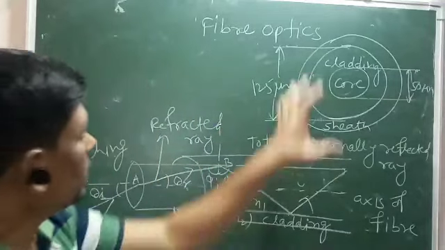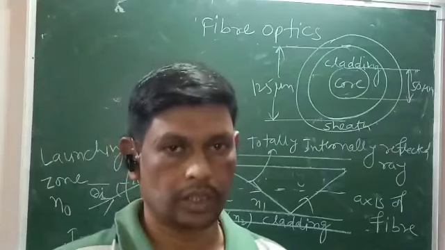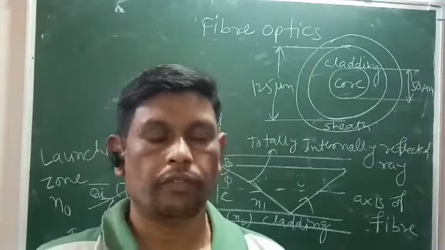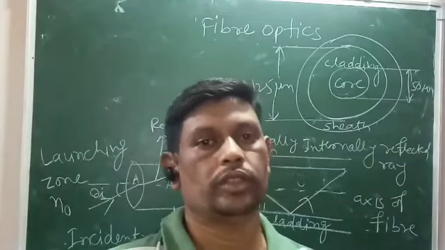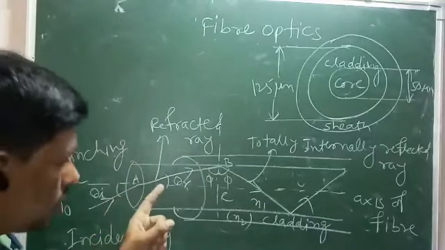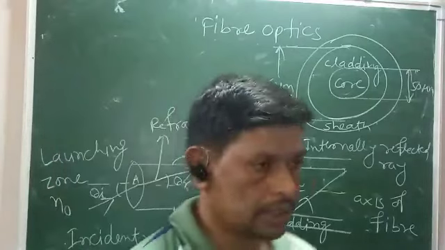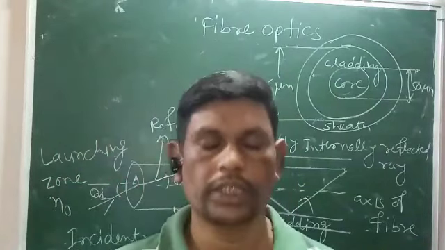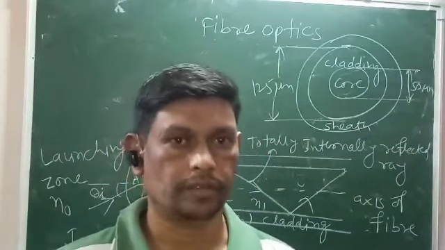So the fiber optics makes a good, flexible, and available source of communication system. So let us now discuss the principle of fiber optics. The main function of fiber optics is to accept as much light from the source as possible.